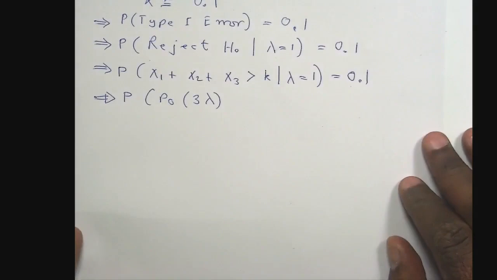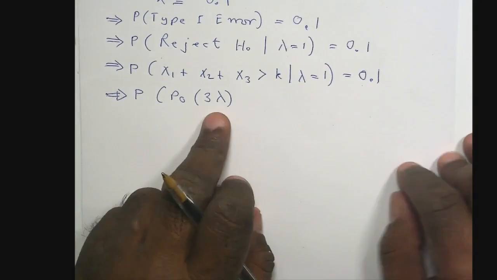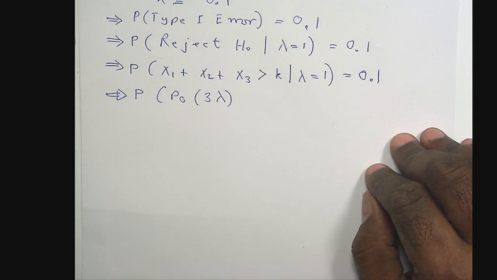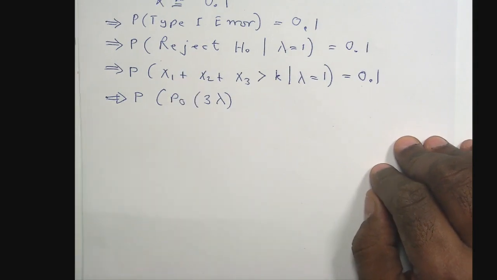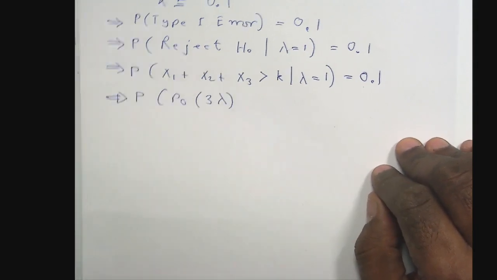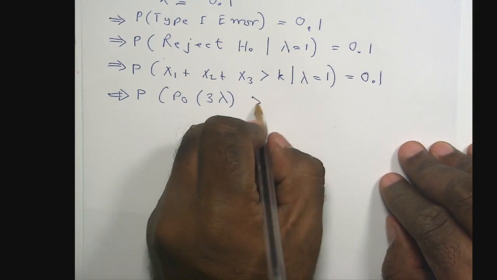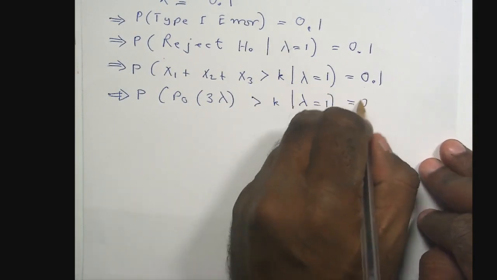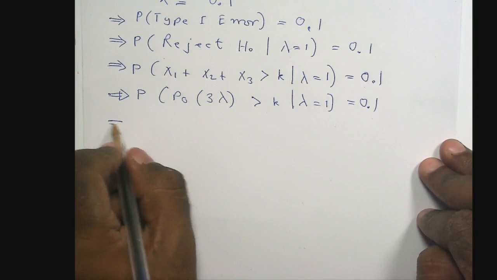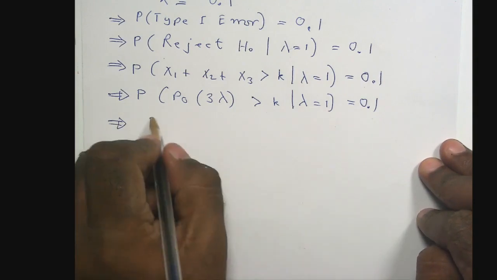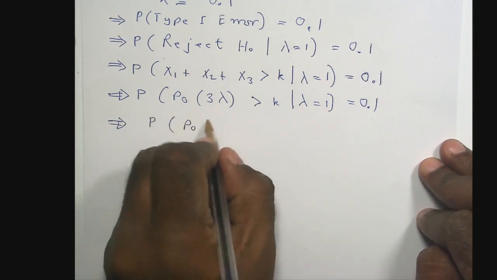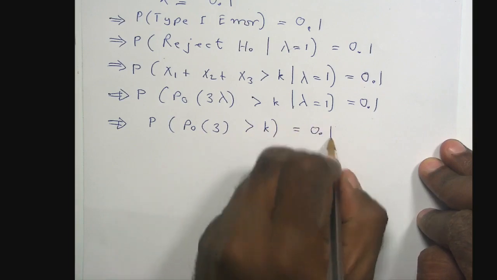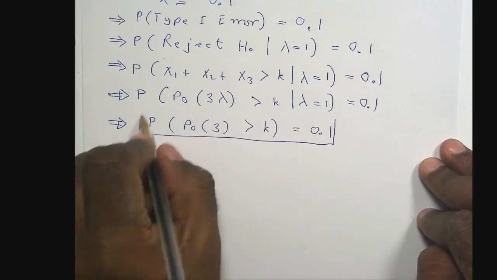Sorry guys, so it's 3 lambda because each of these has parameter lambda. So the sum will have parameter 3 lambda. Right? So it's greater than k. And since lambda is 1, this guy will become Poisson with parameter 3, probability of being greater than k equal to 0.1.